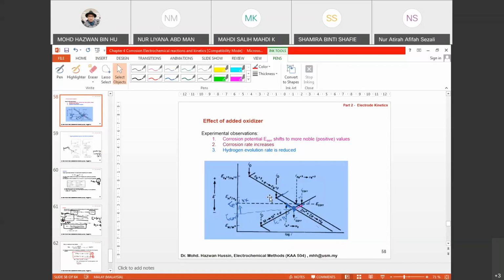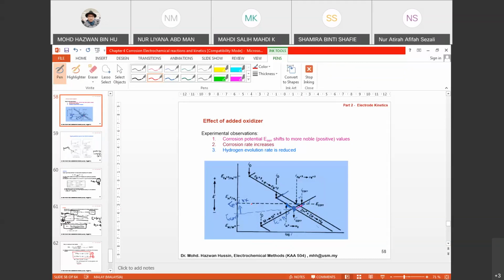That means the shifts i corrosion also. You mean for the E corr? The i corr, with the addition of oxidizer or not? With the addition of oxidizer, you mean? Yes.